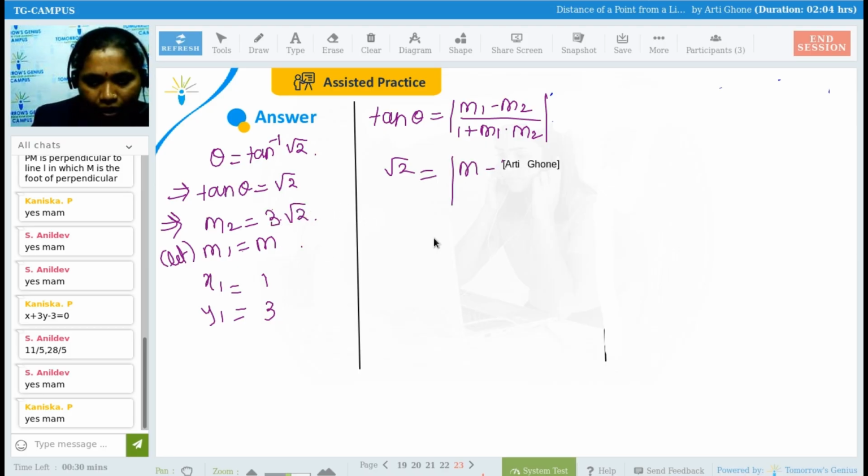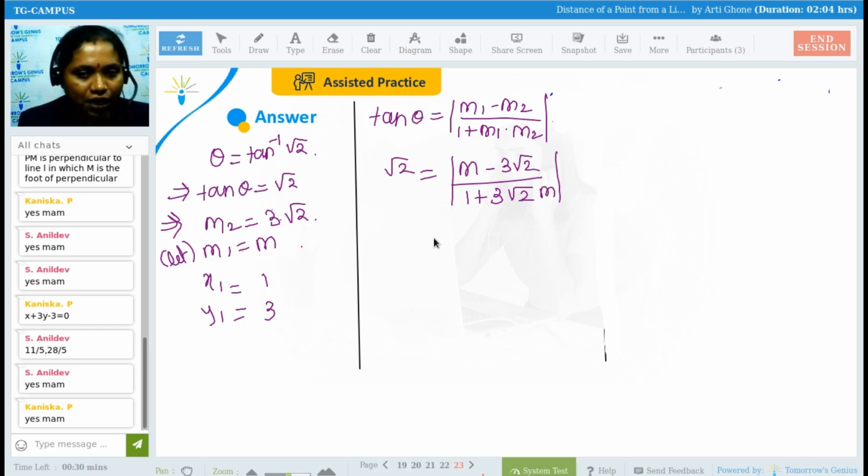Root 2 is equal to m minus 3 root 2 upon 1 plus m into 3 root 2 m. Take one time positive, one time negative. Now you will be able to get the slope. Okay. Take a positive and take a negative solution of this. Then you will get the two slopes.